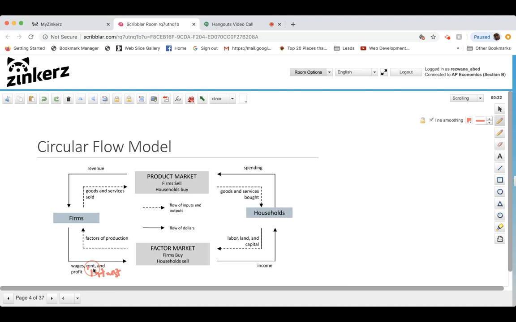So these payments that the farms are making to households become income for households. For someone who's selling labor, they get wages and that's their income. For someone who has land to rent, they're going to make some income from renting that land. So when farms make those factor payments, that becomes income for households.